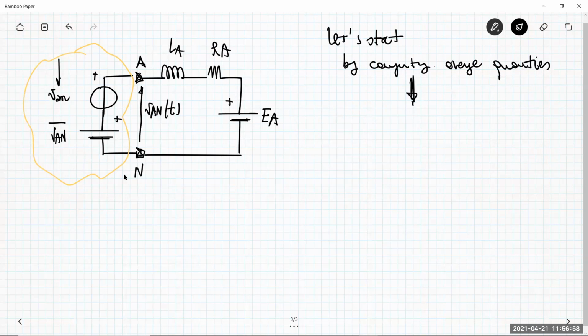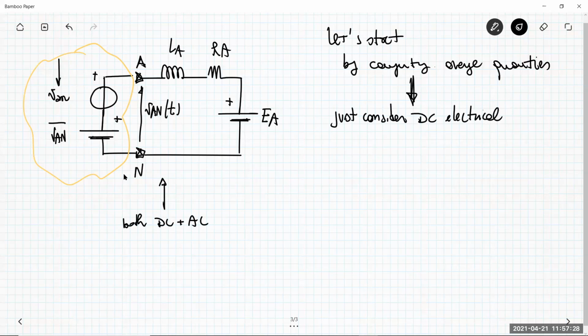In order to do that, from this circuit that includes both DC plus AC quantities, I can apply a superposition principle and just consider the DC electrical quantities, because I'm going to compute average quantities.